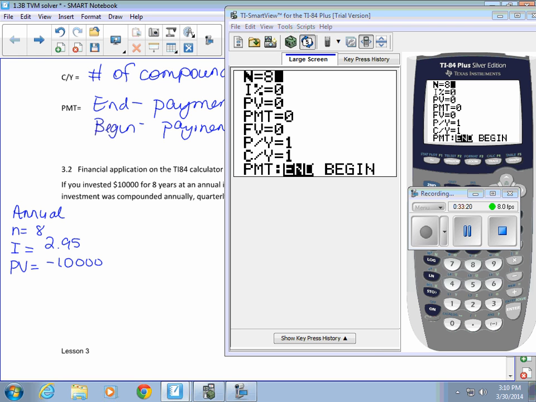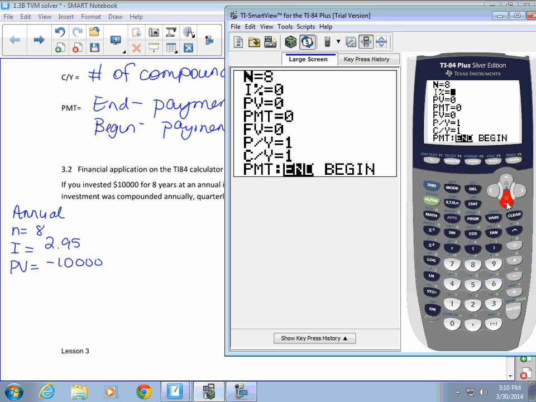So once we have put those things in there, I put this is 8. I go down. My interest rate was 2.95. PV, so that is our present value, so we're negative.